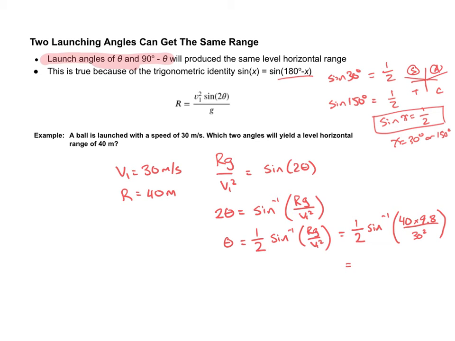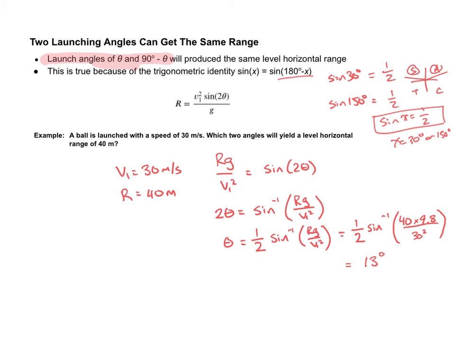So let's type this in the calculator here. 1/2 times sine inverse... Okay, so this is giving me 13 degrees if I round it to 2 sig figs.